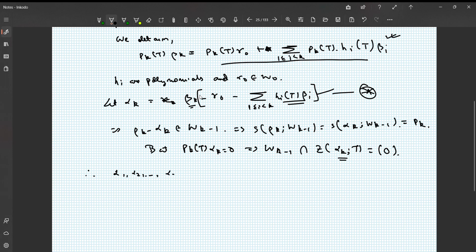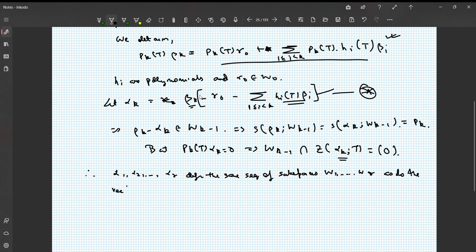Therefore, alpha 1, alpha 2 till alpha r define the same sequence of subspaces W1 till Wr, let's say, which we had in the previous step. Wr is essentially equal to V.